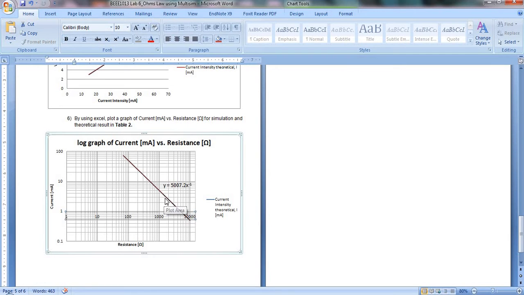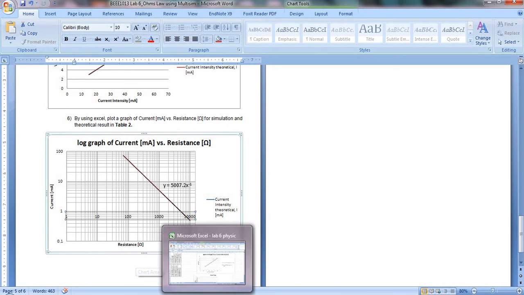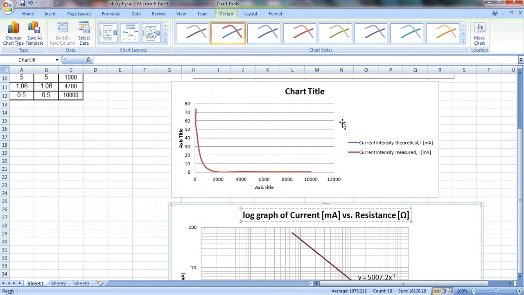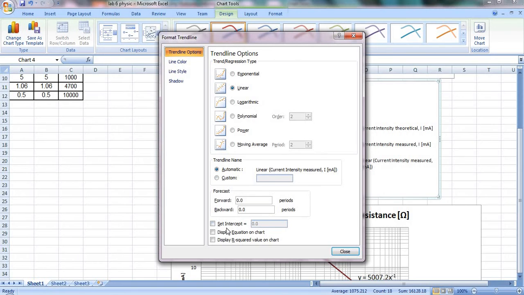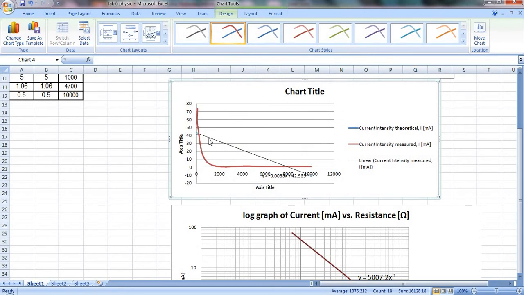Because if I'm using the linear graph, the graph looks really weird. And this is the graph if I'm using the normal linear graph. And if I put the equation, the equation also, I can see it is wrong.